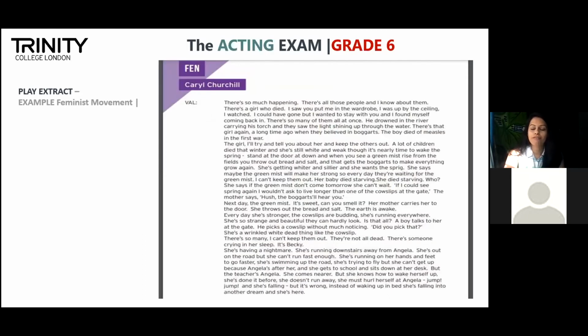Coming to Fen, which was written in 1983, and it's a feminist play by Carl Churchill. And in this, Wall is a slave in a potato field, and she chooses to leave her family, her work, and her two children for love.